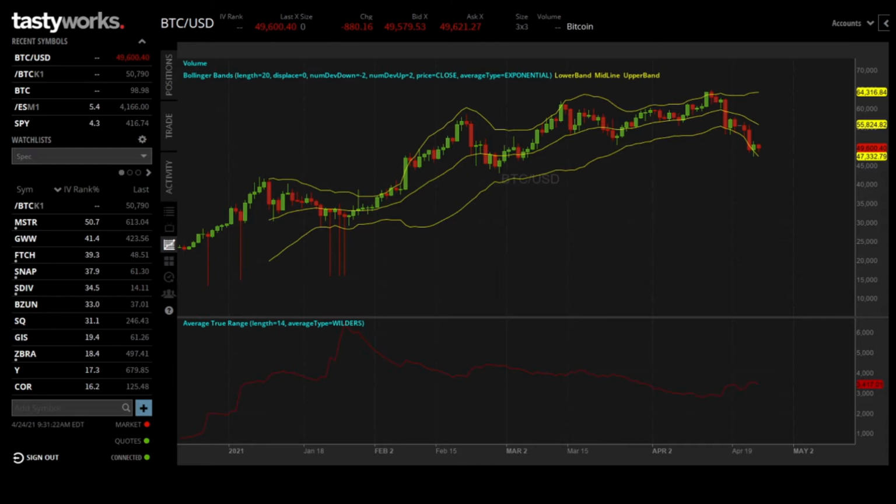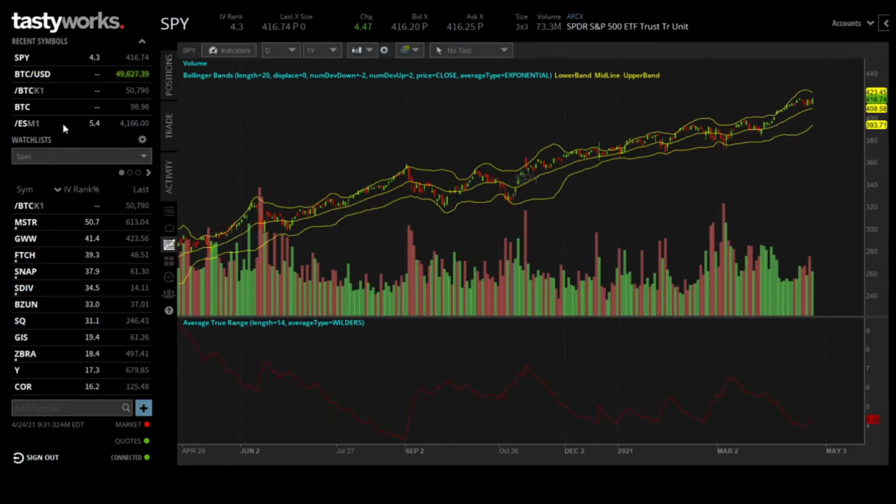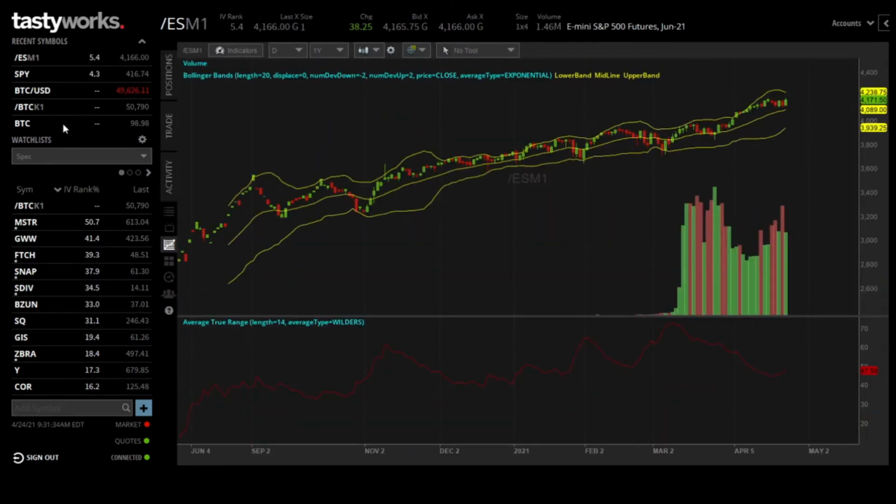So right off the bat, I think we're not in a great position in terms of explanation because right now the ES, this is the June futures for the S&P 500, and then the SPY, which would be considered the physical.